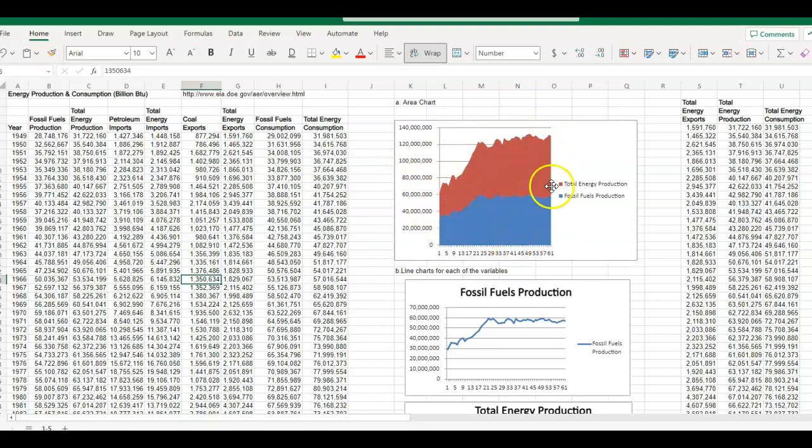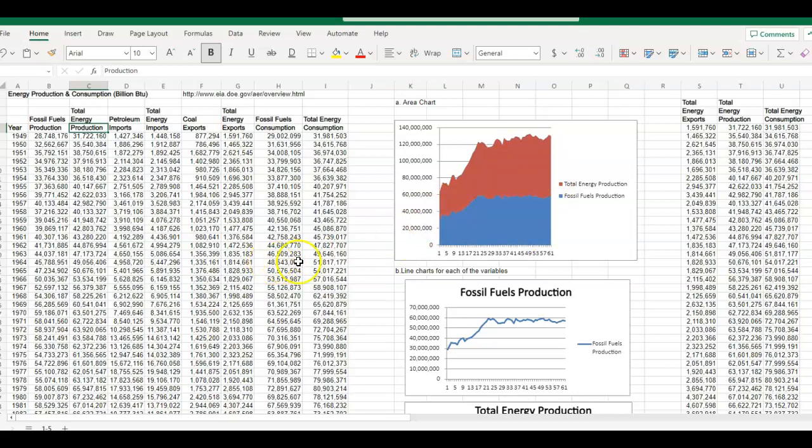This is what your chart will look like. That's the area chart. And the things that you're looking at are fossil fuel production, and total energy production. And this is totals.